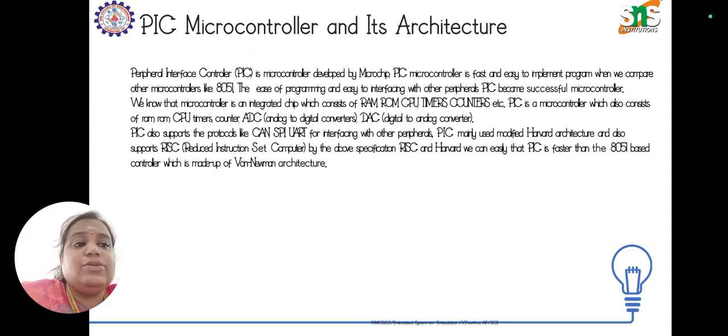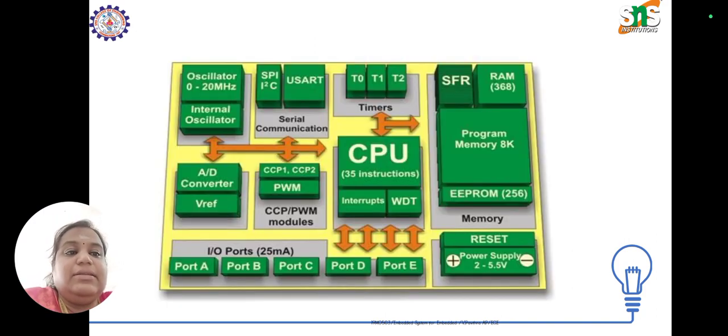PIC mainly uses a modified Harvard hardware architecture and supports RISC, reduced instruction set computing. With RISC and this hardware, PIC is faster than 8051, which is based on the von Neumann architecture.